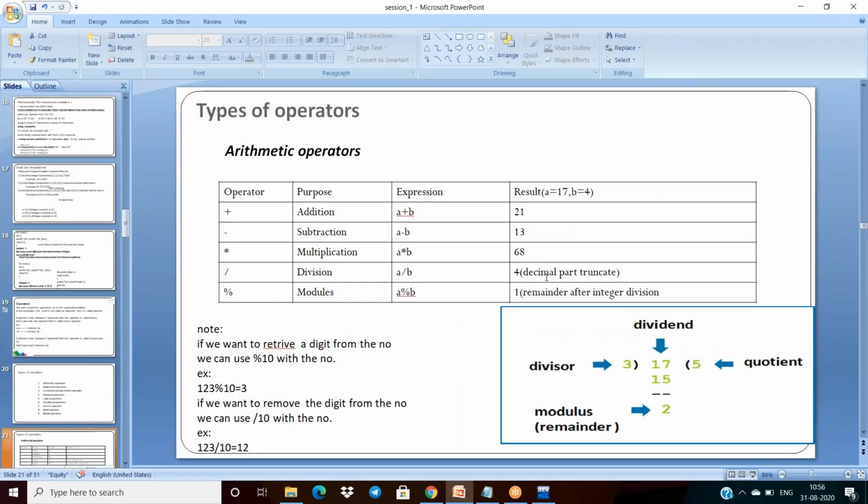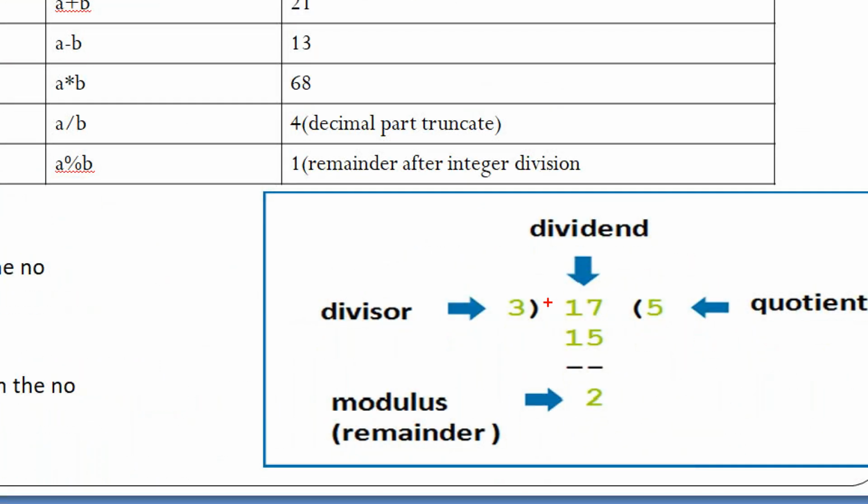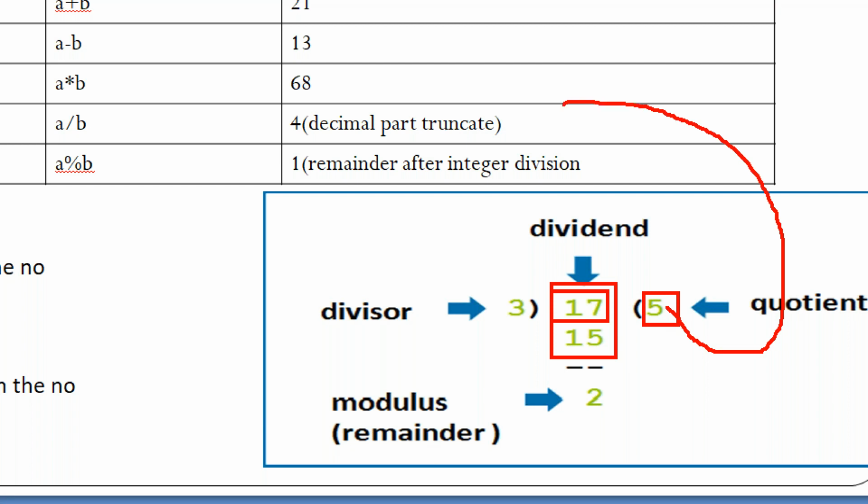Let me give an example. I want to divide 17 by 3. 3 fives are 15. In this case, 5 will be your quotient. So if you write 17 divided by 3, you will get 5.